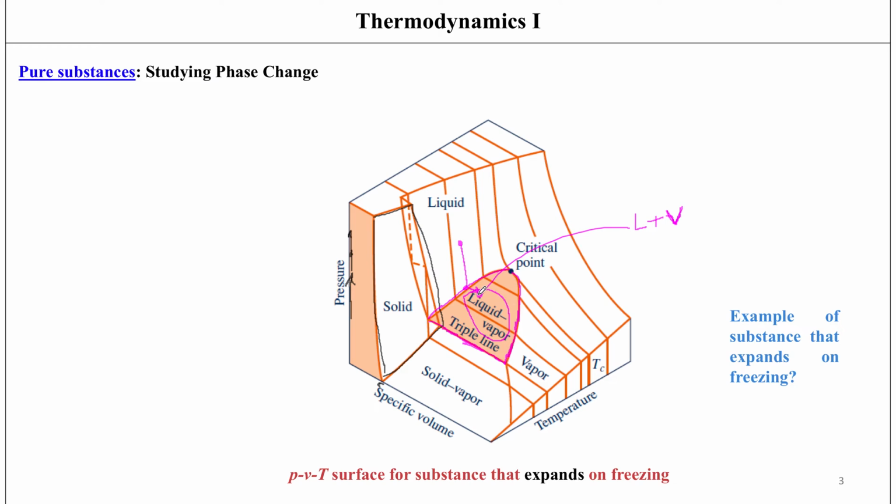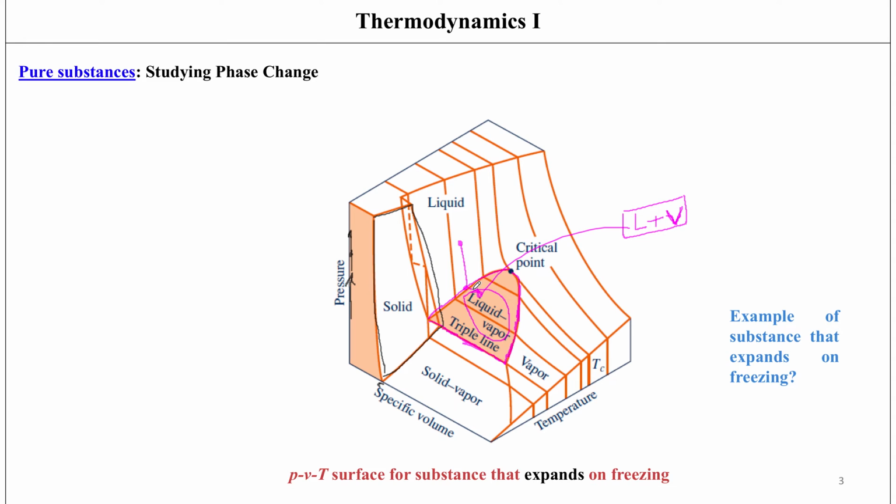So wherever I am within the saturated liquid line, and until I get to the saturated vapor line, within this region, I would have a two-phase mixture. I would have water existing as a liquid and a vapor at equilibrium.